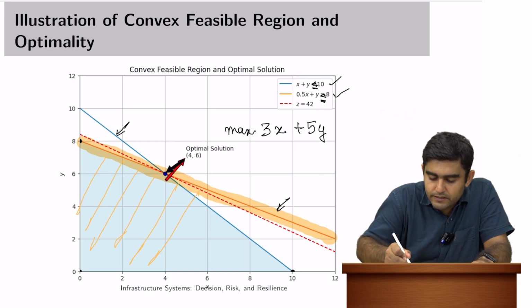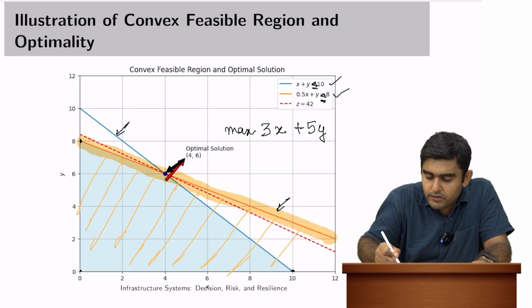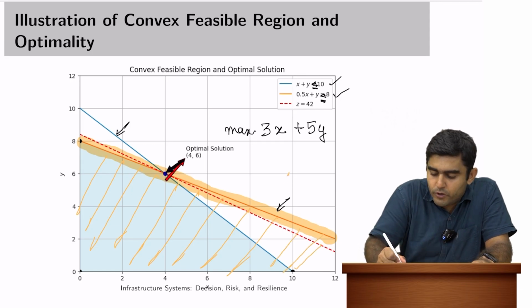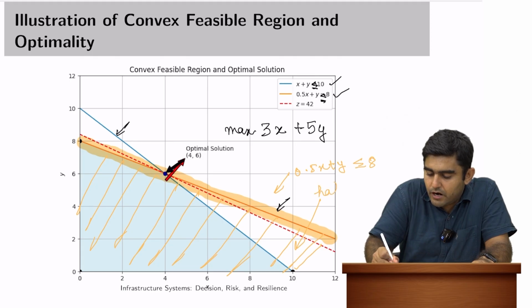So, this is the half space of 0.5x plus y less than or equal to 8. So, this shaded area is its half space.